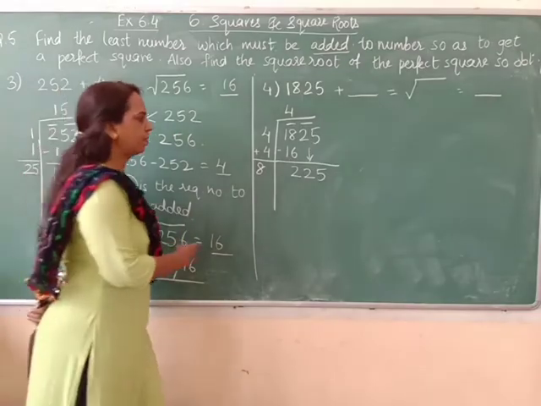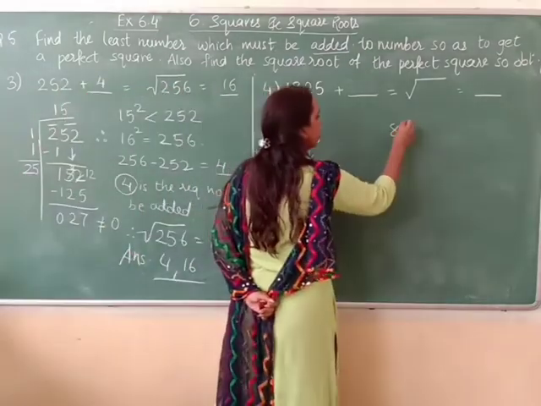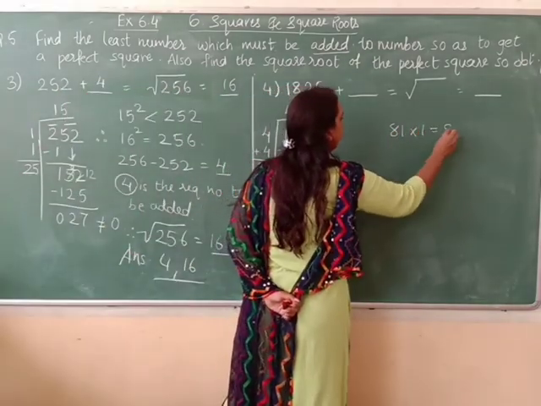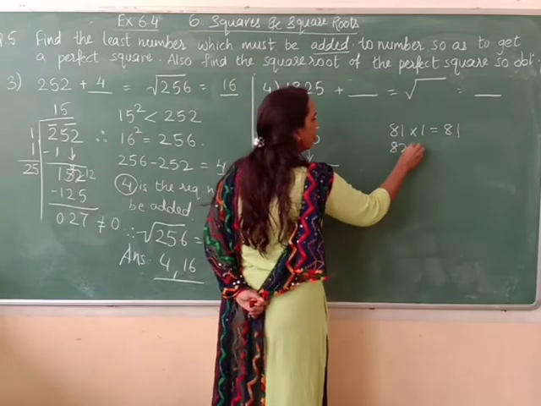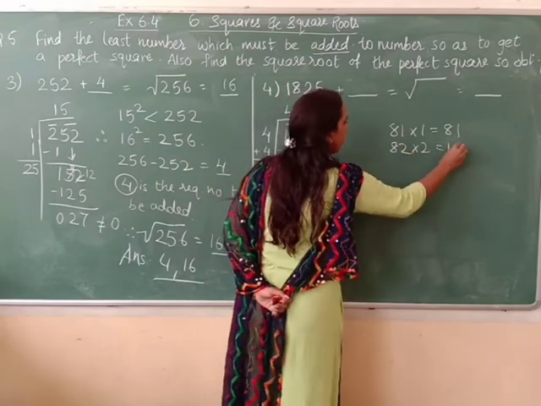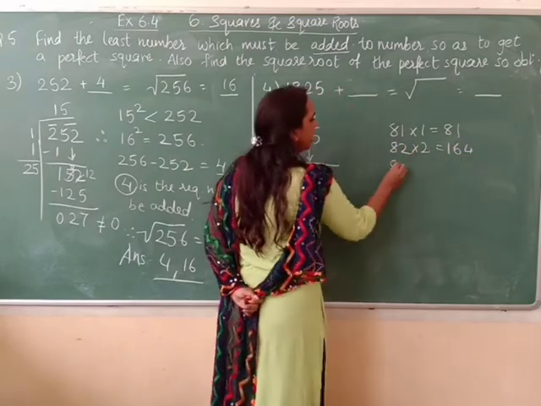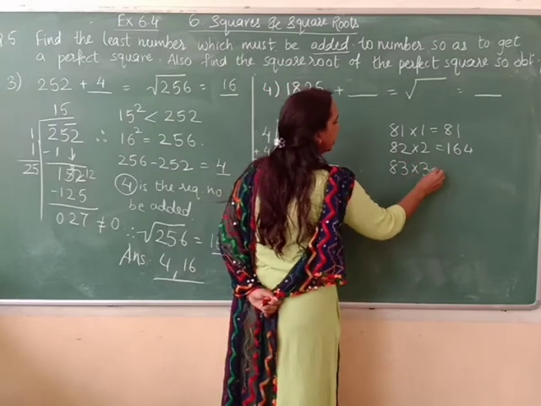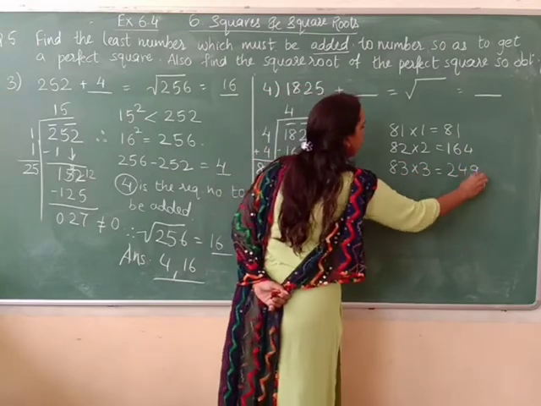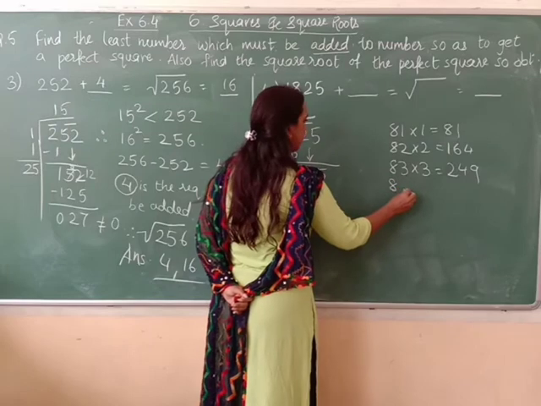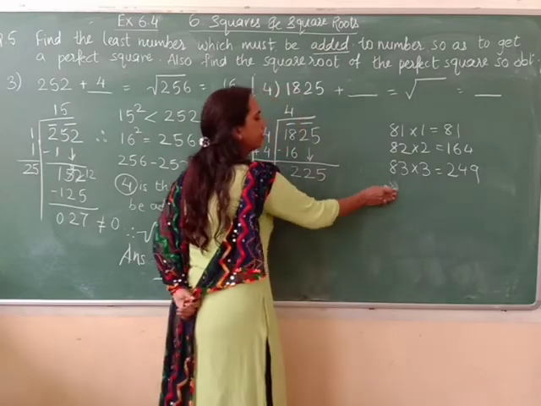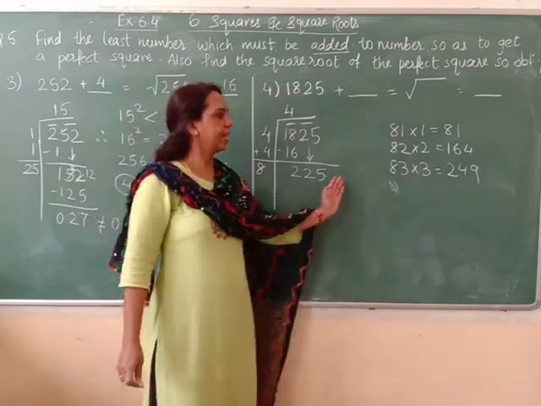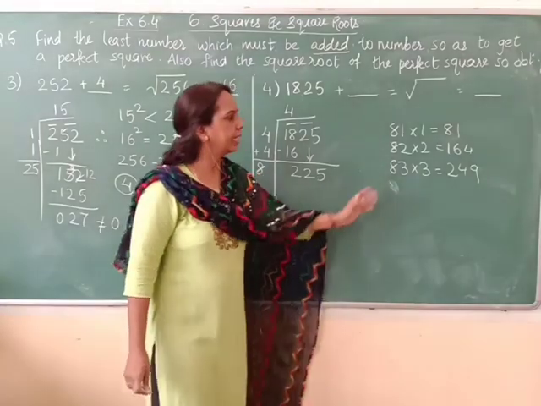Let us work out the multiplication: 81 into 1 is 81. 82 into 2 is 164. 83 into 3 is 249.